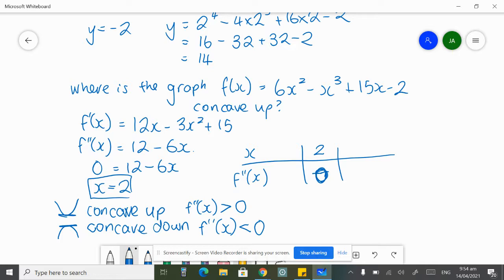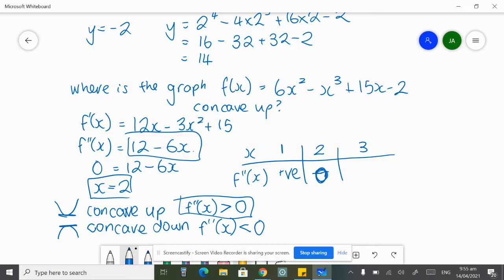So for this particular one, we're looking at f double dash of x being greater than 0. So look at points either side. We'll look at points 1 and 3. If we substitute 1 into this, we get 12 minus 6 times 1, which is 6. It doesn't matter what the number is, it just means that it's positive.